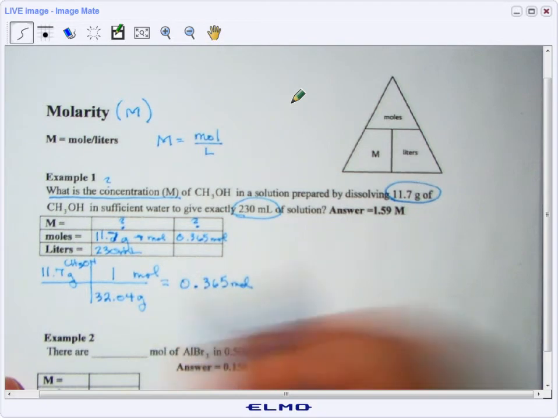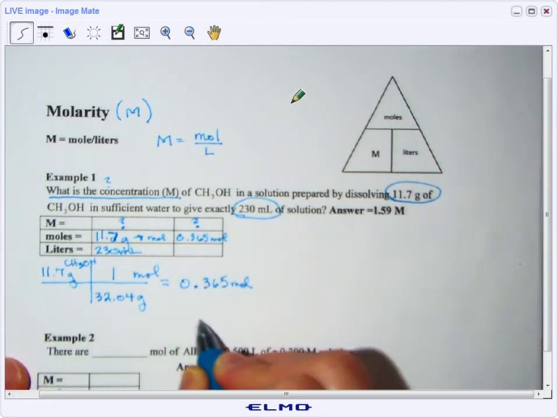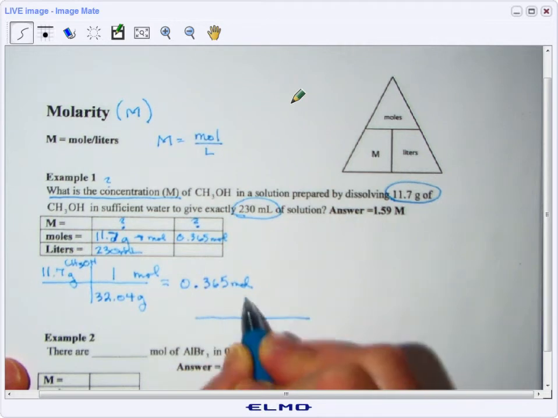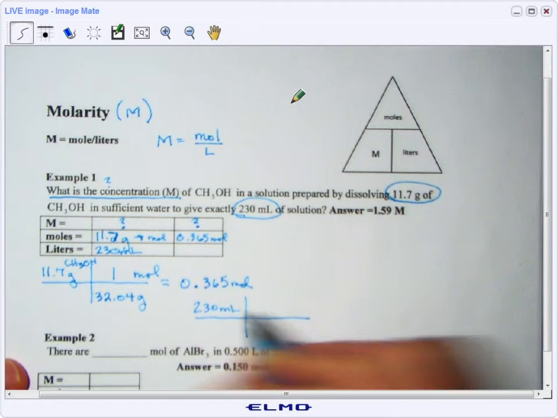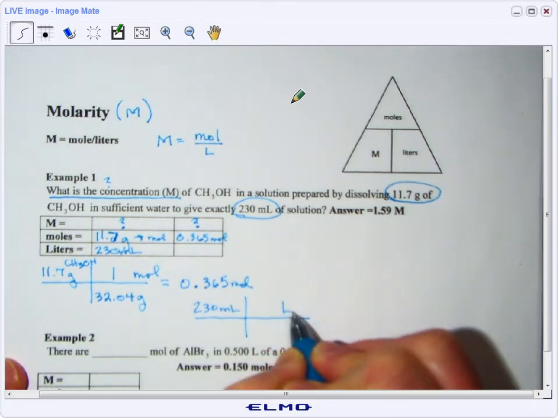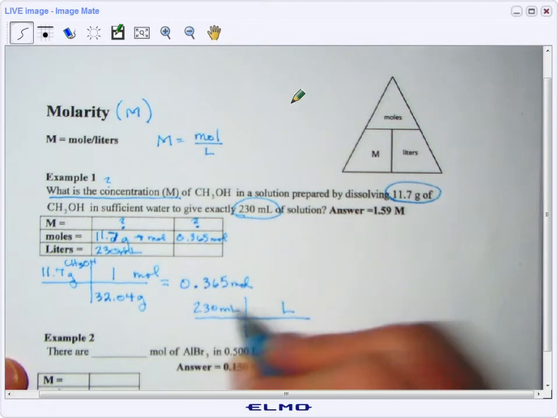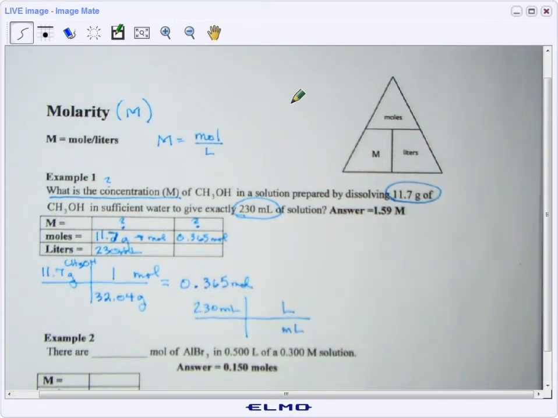And then let's convert our milliliters to liters. We had 230 milliliters, and we want to change that to liters. So milliliters are up here, milliliters go down here. We can use this conversion chart, the T-chart, for any kind of conversion.